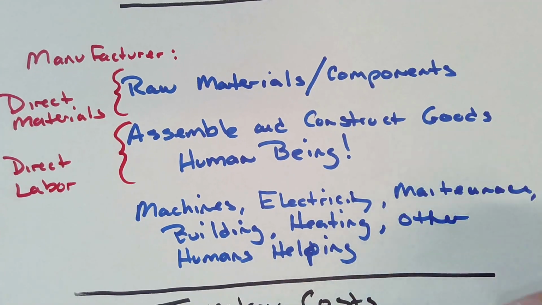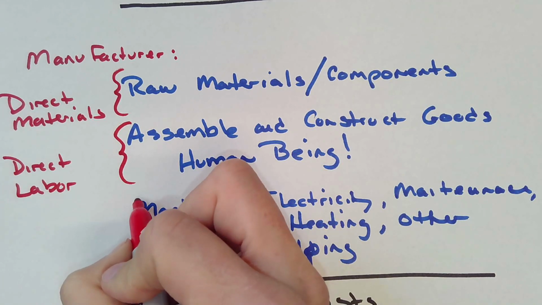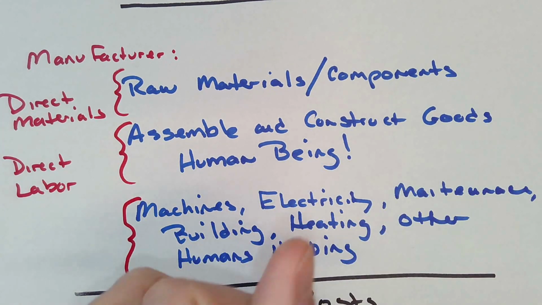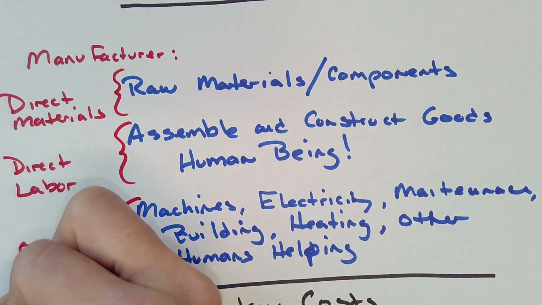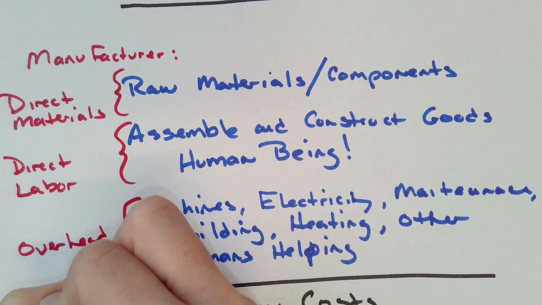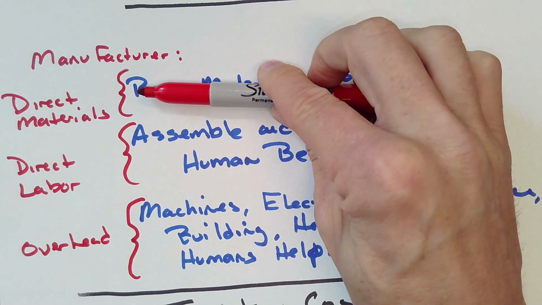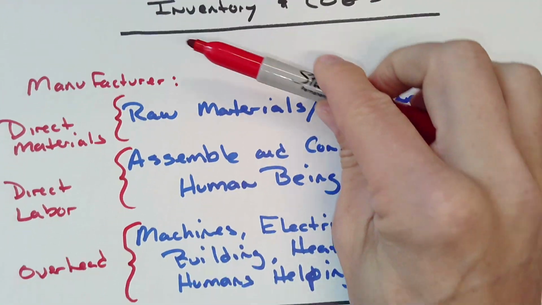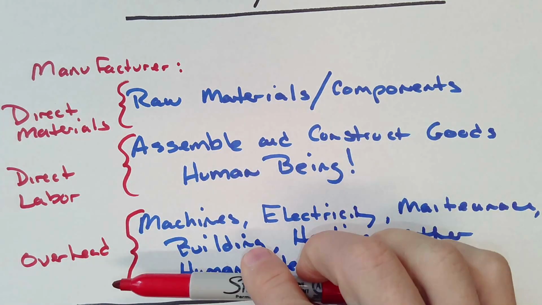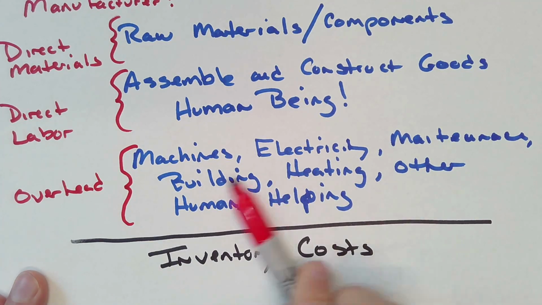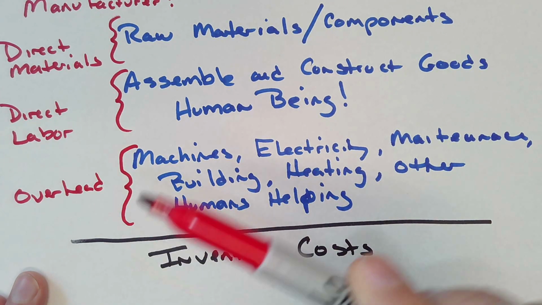And you'll hear all of this stuff referred to as overhead. And making sure we do a good job of fully loading into inventory the direct materials, direct labor, and overhead, all of these inventory costs, is important for a number of reasons.